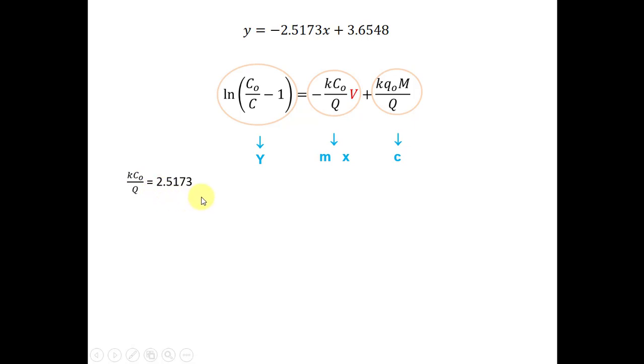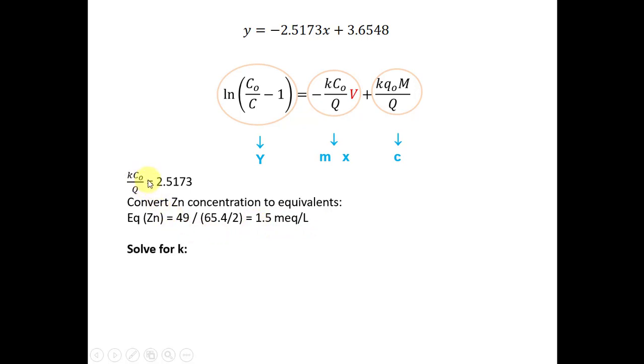Here we have to convert the zinc concentration to equivalence. So the equivalent of zinc equals 49 over the molecular weight over the valence. So the 49 milligram per liter will be converted to 1.5 milliequivalent per liter of zinc. We can solve this equation for k.